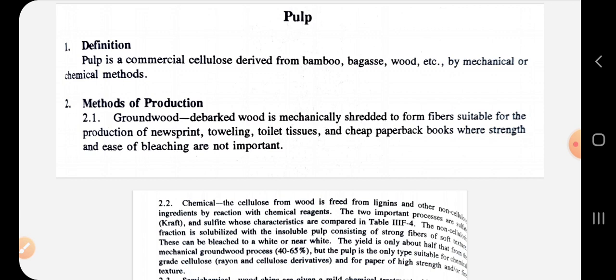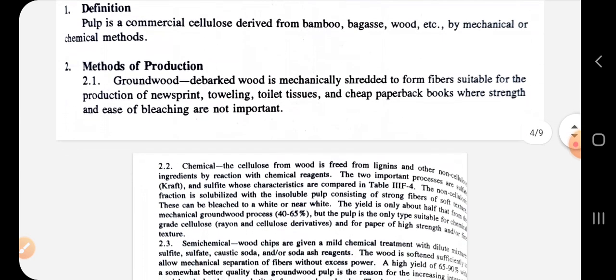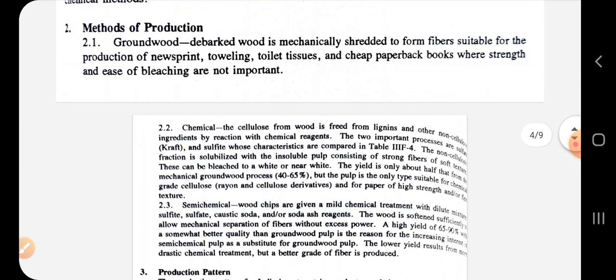First is the mechanical method and another is the chemical method. Further, the chemical method is subclassified as semi-chemical and 100% chemical methods. So here the groundwood method is the mechanical one, and the other two are the chemical and semi-chemical methods respectively.